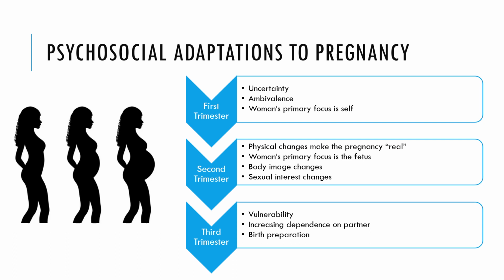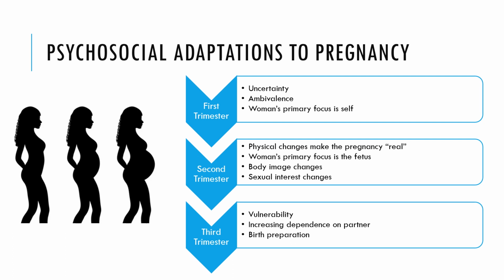Then they may have even conflicting feelings of their reaction to being pregnant. They may worry about their responsibilities. They may worry about how that pregnancy is going to affect their relationship, whether it be with their other children, their partner, their parents. Usually that ambivalence will turn into acceptance by the time they get into that second trimester.